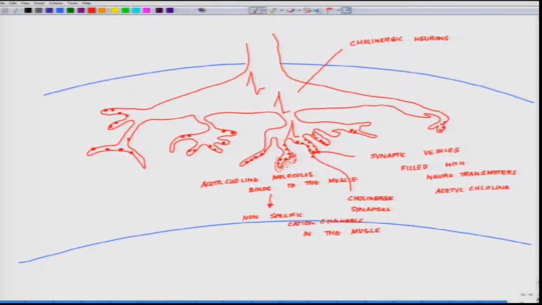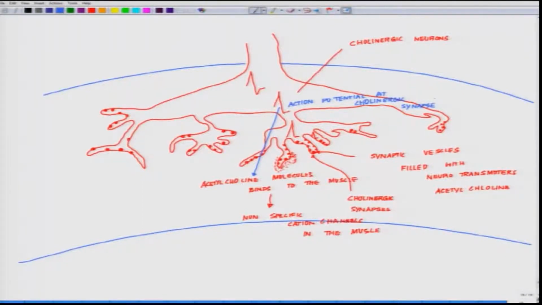So, if you go back a little bit, there is an action potential at the cholinergic synapse.